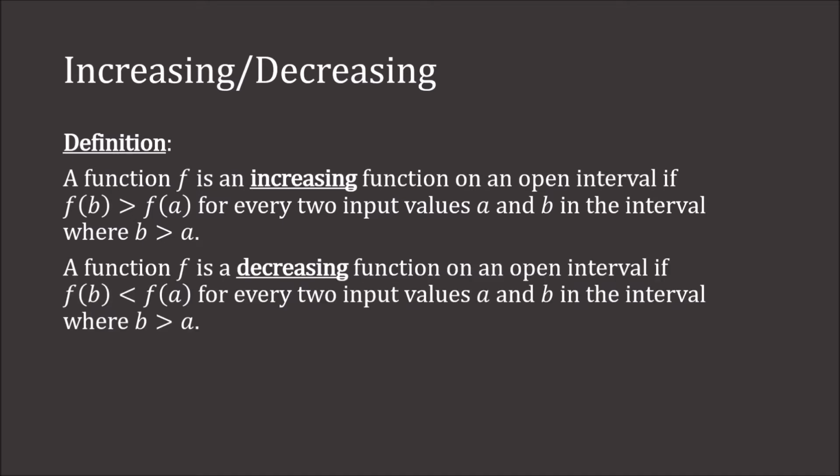Likewise, a function is a decreasing function on an open interval if f of b is less than f of a for every two input values a and b in the interval where b is greater than a. We will look at a graph shortly to explain this graphically.